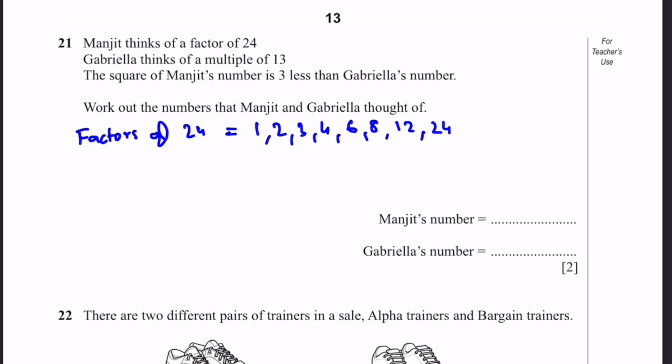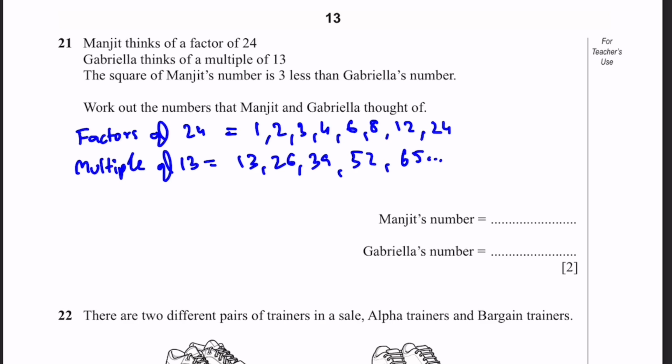And then the multiples of 13 are 13, 26, 39, 52, 65, and let's put dots. So let's keep factors of 24 as x, and multiple of 13 as y.